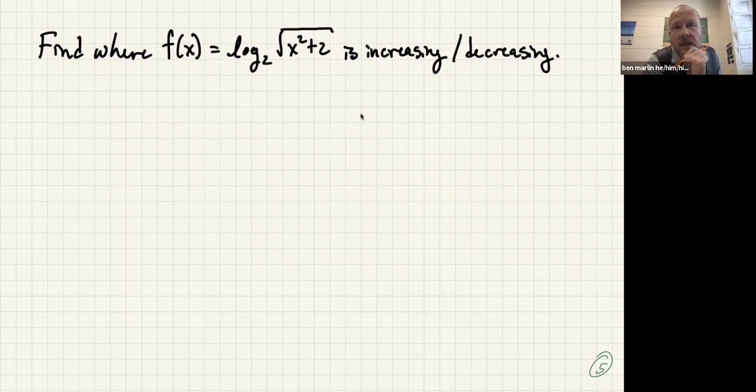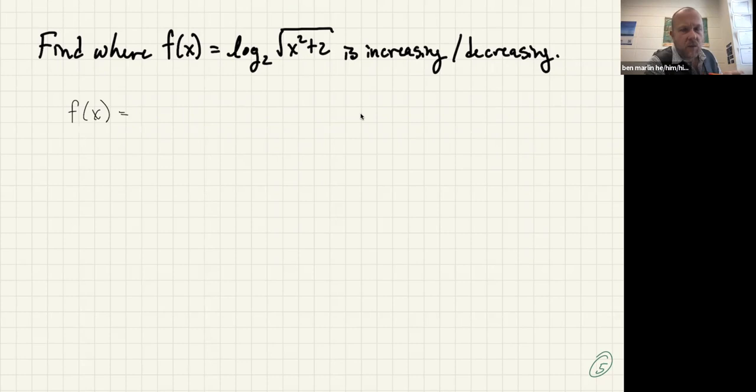This is one that asks us to figure out where something's increasing and decreasing, and it's got a log base 2 in it. So when we come along here and we say our f prime of x, we have to first of all say, okay, log base 2 of something, actually, I'm going to show you a trick first. This is something that you should learn to do as somebody who uses mathematics.